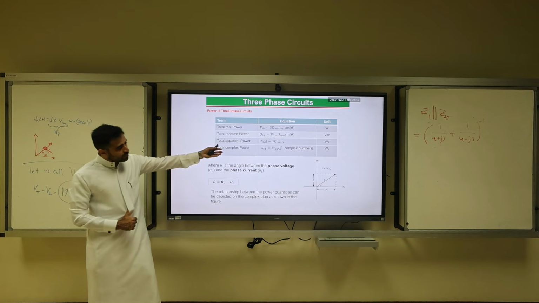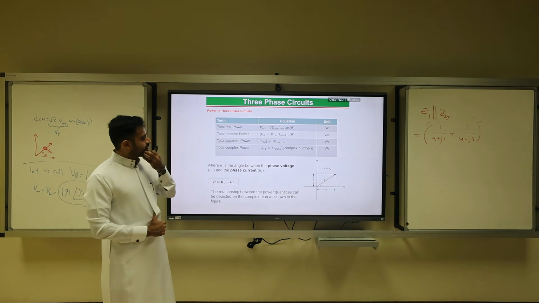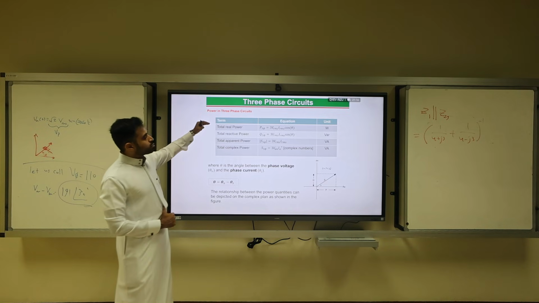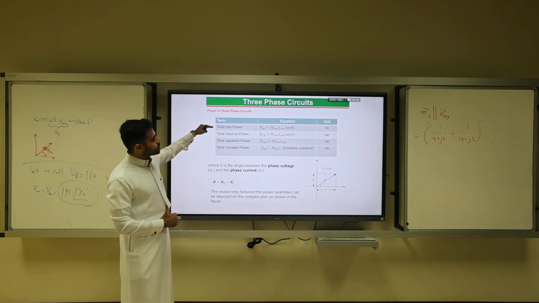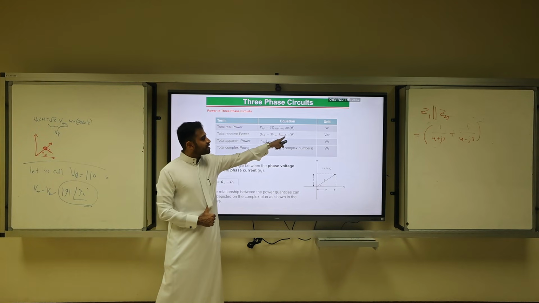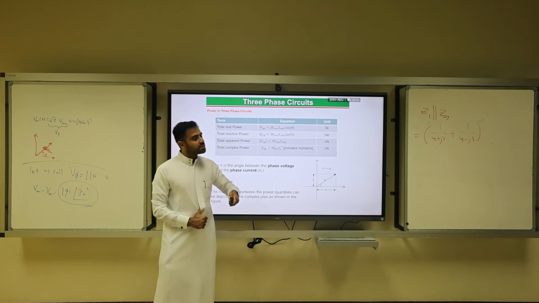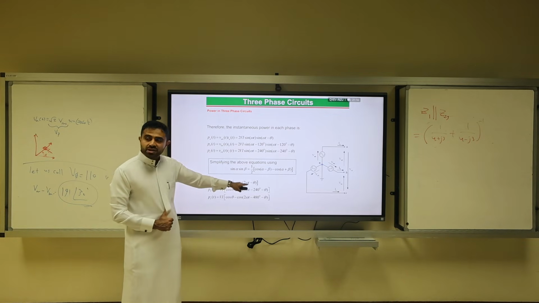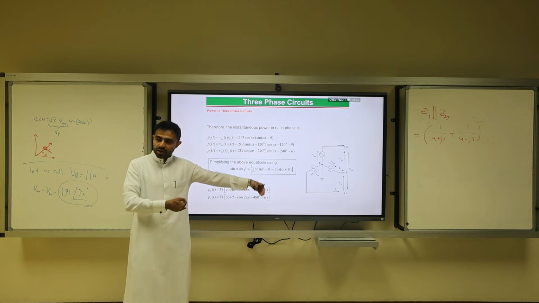Now here's a table. I think I made this table myself. This table shows how to get the equation and the unit. So the total real power is 3 V RMS I RMS cosine theta. Now how did we get the sine term? There is a mathematical notation I didn't tell you, but if you expand cosine of twice the angle, you can get sine and cosine.